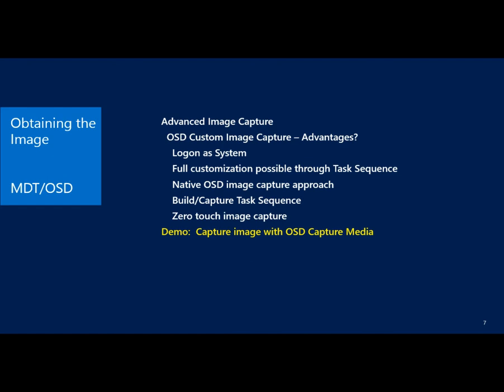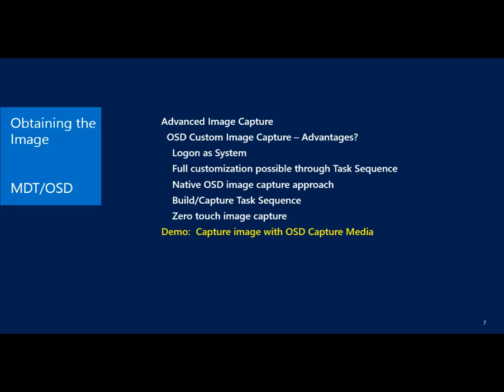Also, if you put all of the detail of what's going to happen during an image build, image capture, image deployment even, inside a task sequence, you essentially have a self-documenting module, if you will, to tell you how a machine is built. There's no guesswork. There's no human error. It's built the same way every time. If you need to make a modification, then you make a modification in the automation. But I'm jumping ahead of myself.